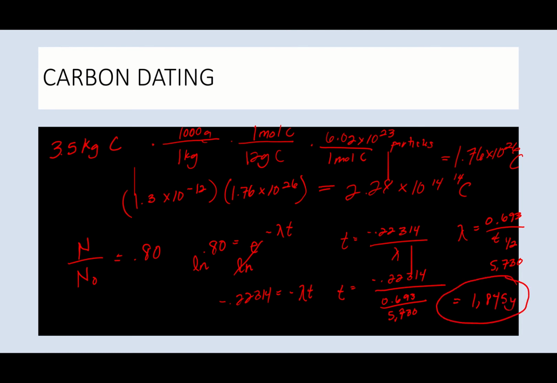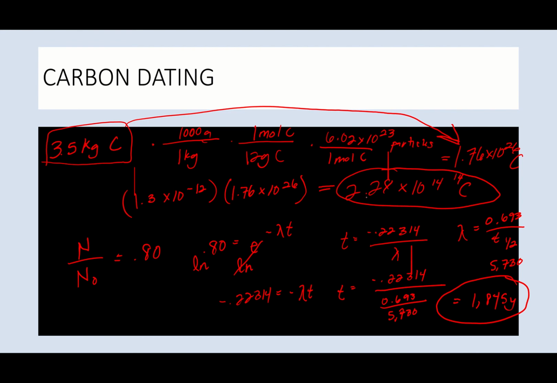So this means that if we know how much carbon we have in an object, we can calculate how much of that should be radioactive.